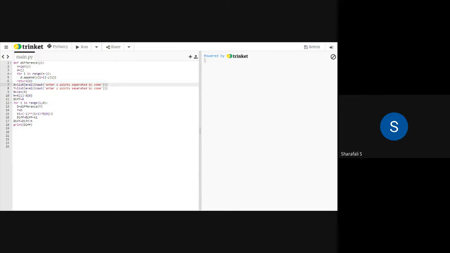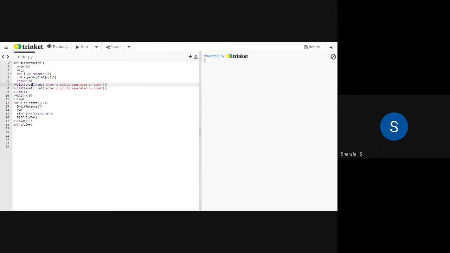It will give you the corresponding data type of whatever we have given here. If you are giving a float value, it will directly take it as float. If it is an integer value, it will directly take it as integer for this x list. So we don't have to provide int or float or anything like that. Whatever you enter as input, it will directly take it as integer or float or whatever it is.